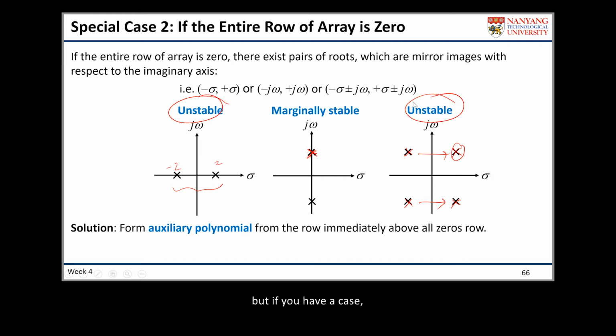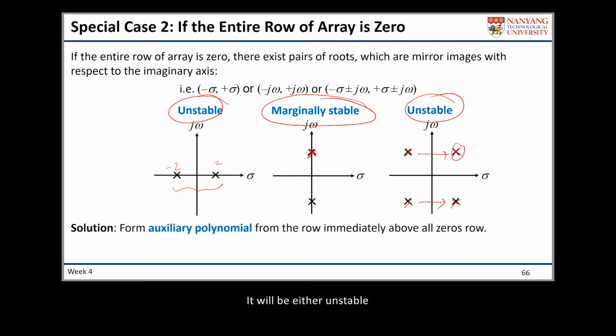But if you have a case where the poles are on the imaginary axis, it will be mirrored by the imaginary axis, so it will fall again on the imaginary axis. So you will have a marginally stable system because you have, again, poles on the imaginary axis. So, same as the previous special case, you will never have a stable system here.